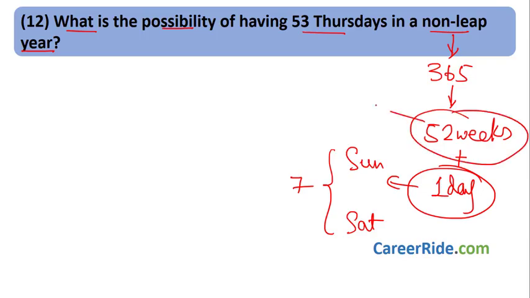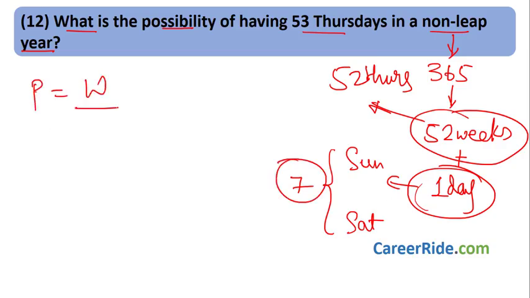In these 52 weeks, you will have 52 Thursdays, right? So, this one day has to be Thursday, then only it is possible to have 53 Thursdays in a non-leap year. So, this one day has how many possibilities? There are total 7 possibilities. Probability is what I want divided by total. Total possibilities are 7.